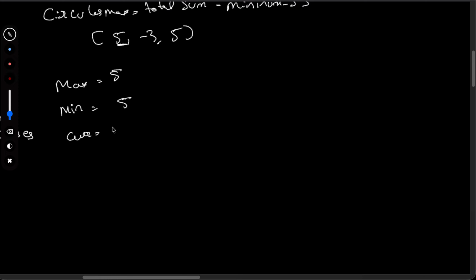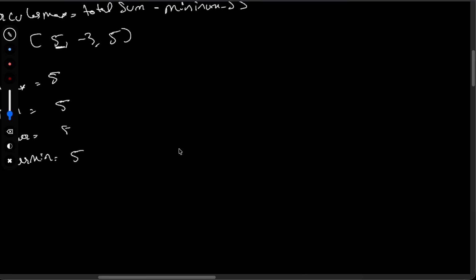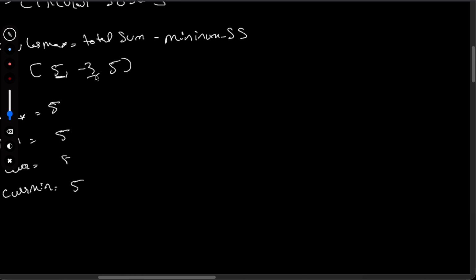Because we take the first value at index 0, we assume that the maximum and minimum are always 5. So we start from i plus 1.